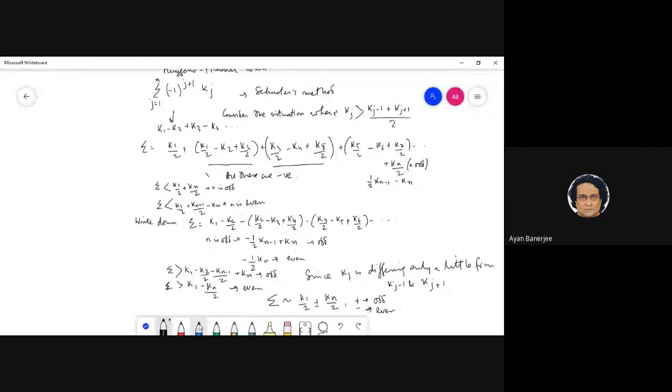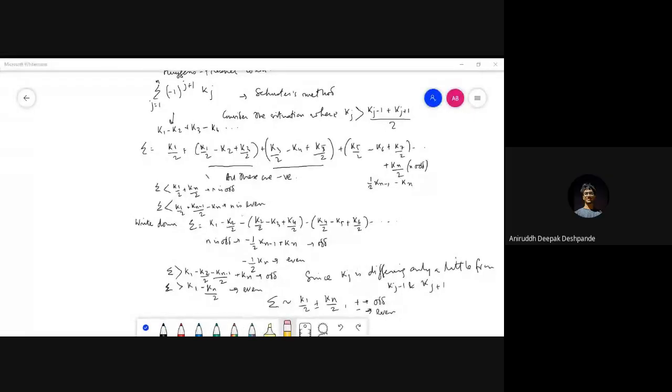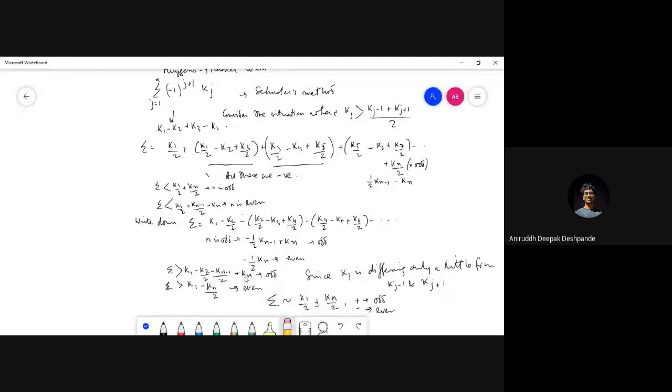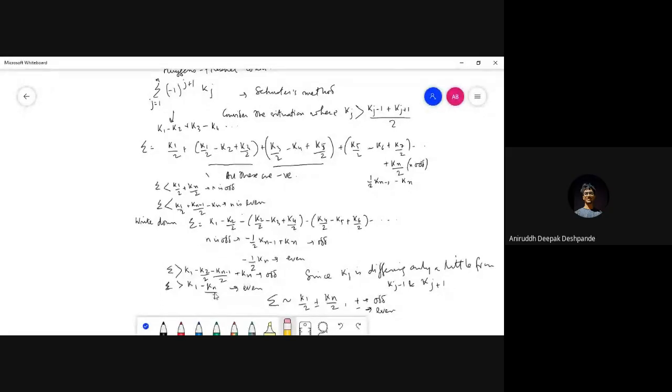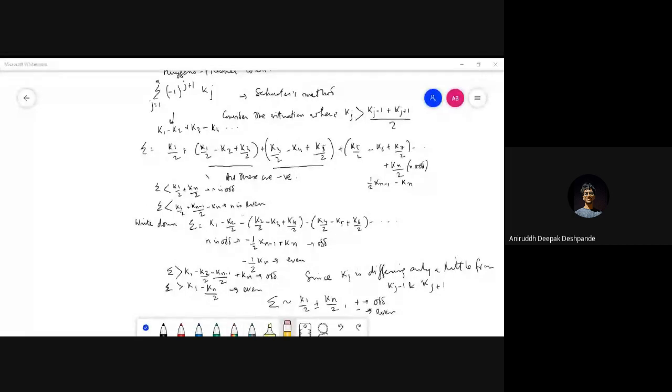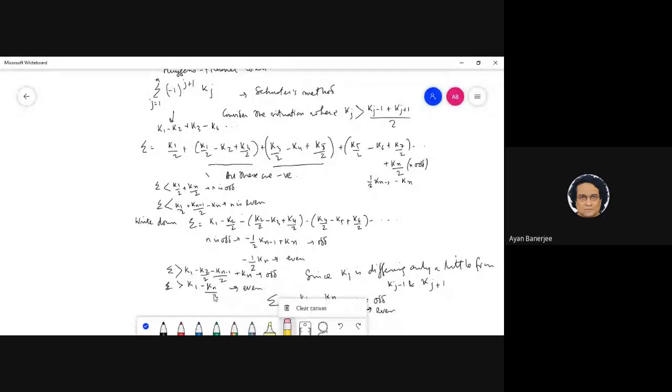Yes, I missed this. Minus k, and this will be plus. This is okay, no? k1 minus k2 by 2 and minus kn/2. There will be three terms. Yes, three of course, I know. This is obvious, right? Here there are two, right? So this has to be there. I missed both.